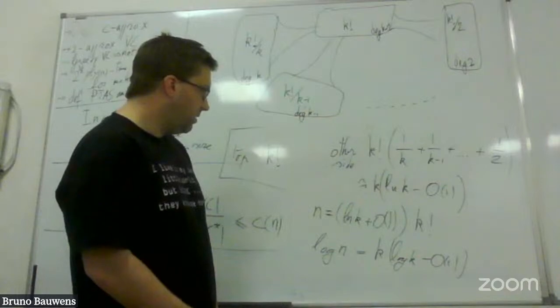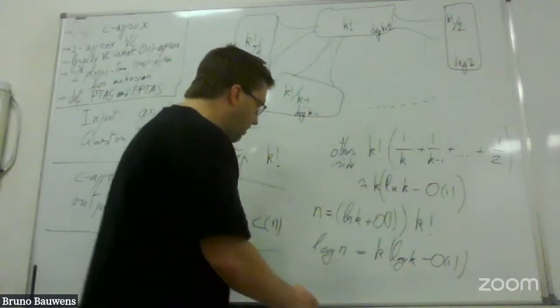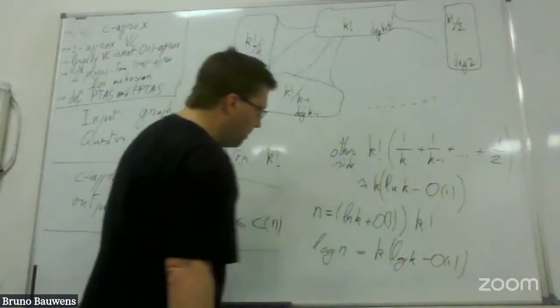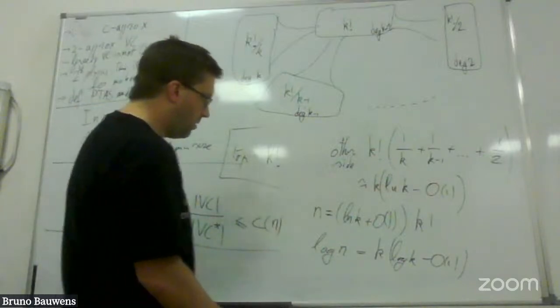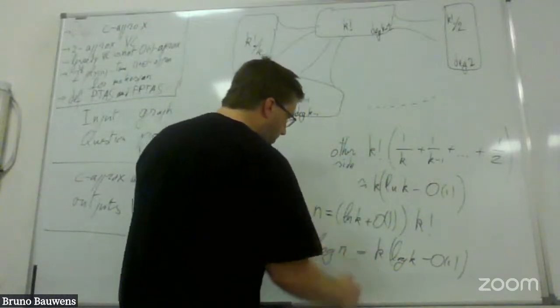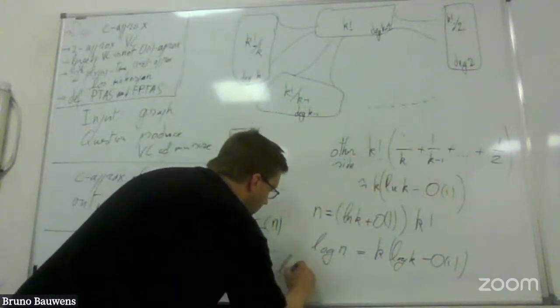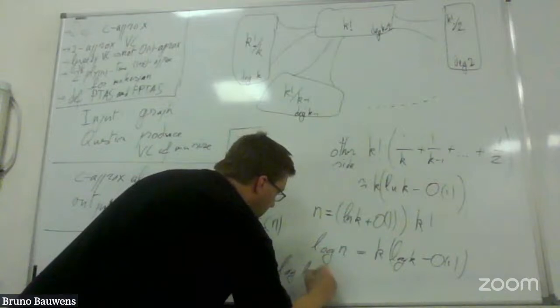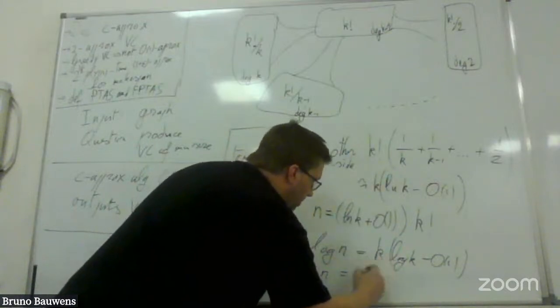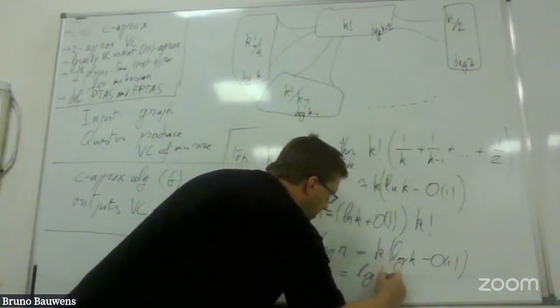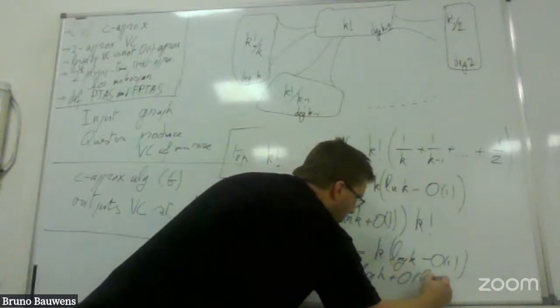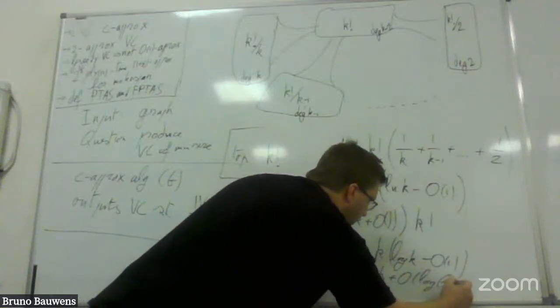That means that so we take another logarithm. So log n is equal to k, and log n is equal to log k plus order log k.